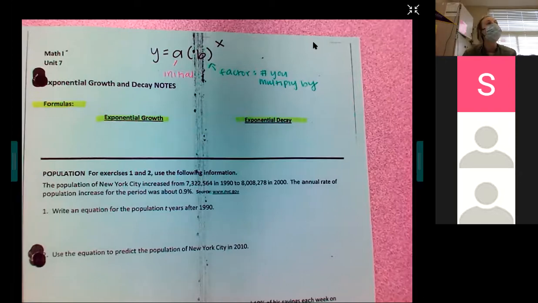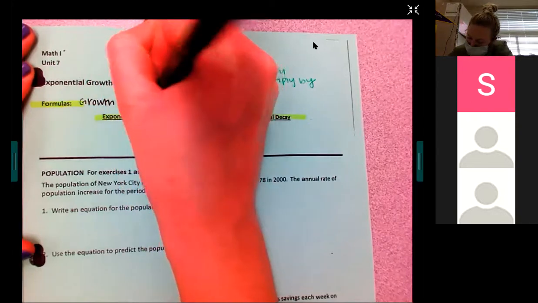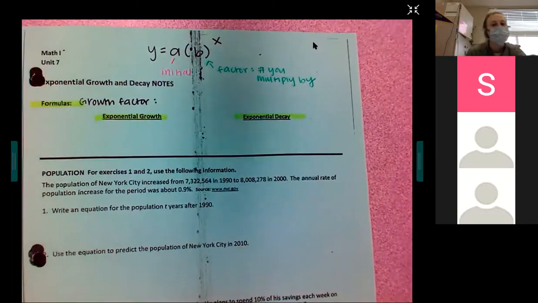If it is a growth factor, this is what you'll want to write. So growth factor. We know if it's a growth factor that it's supposed to be what kind of number?